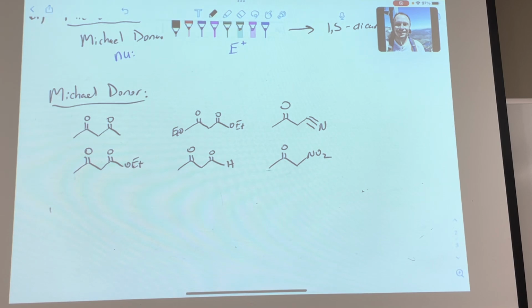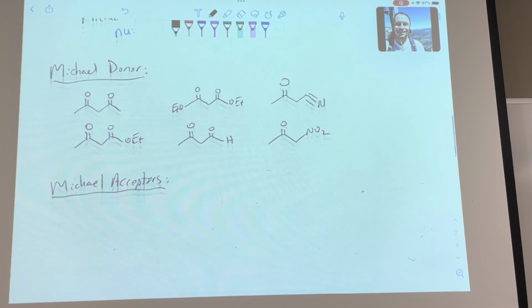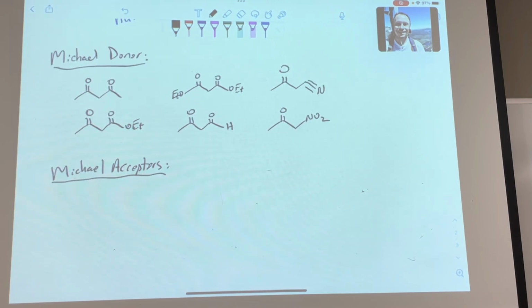Okay. The Michael acceptors, these guys are most commonly going to be alpha beta unsaturated carbonyl compounds. So they are going to look like this usually.